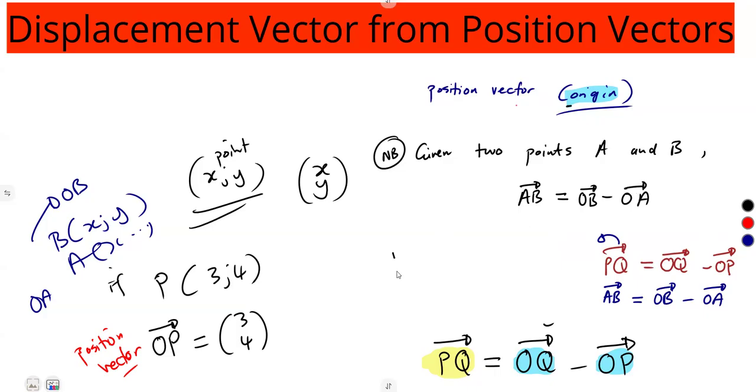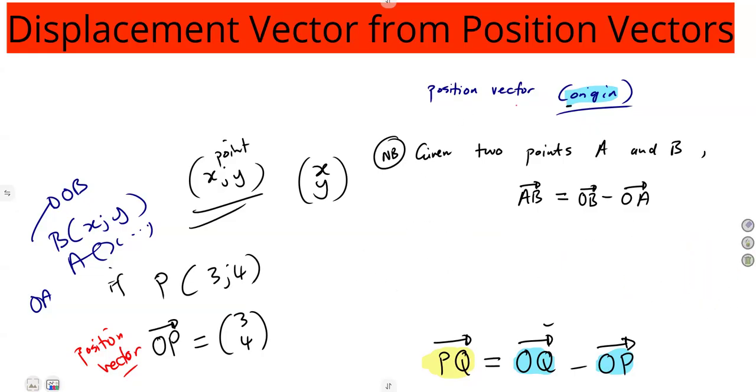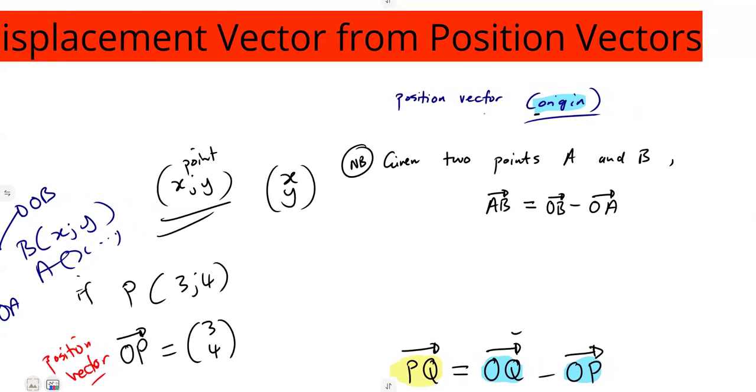So take note, from B minus A, you simply put O to represent the position vector.